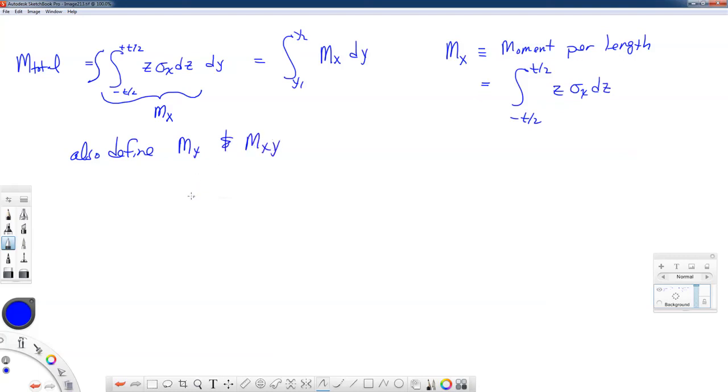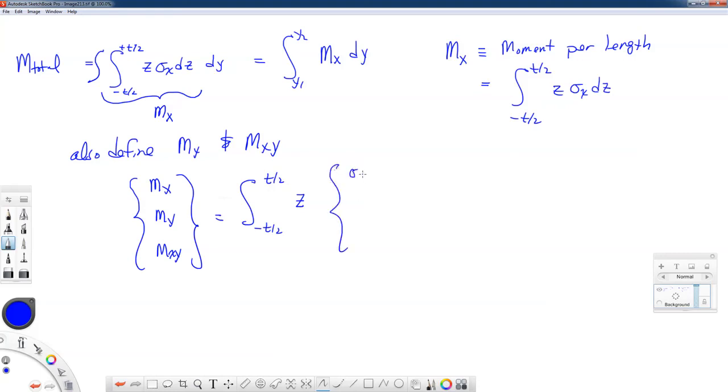So if we want, we can express this as a vector of terms mx, my, and mxy equal to the integral of z times the stresses sigma x, sigma y, and tau xy, dz.